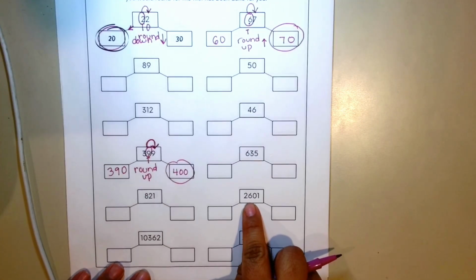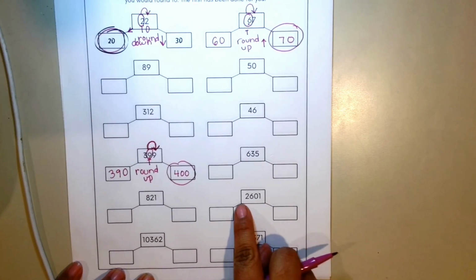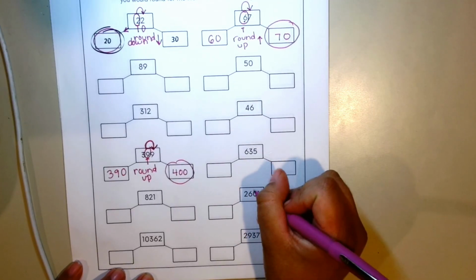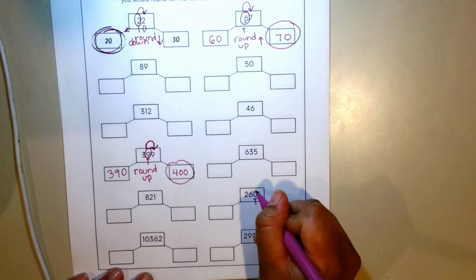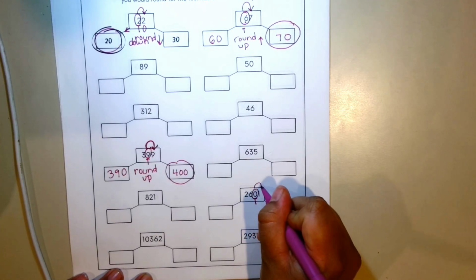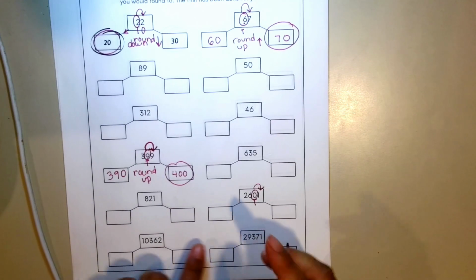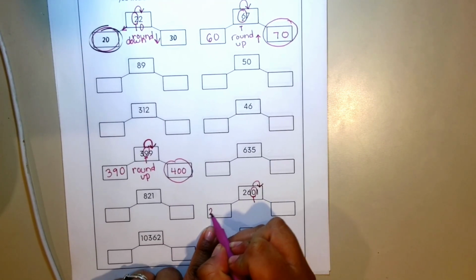Let's do this one. Remember, we are still just looking at the tens. So in this one, it's a 0, and we're looking at the one to the right. So on the lower end, we would have 2,600.